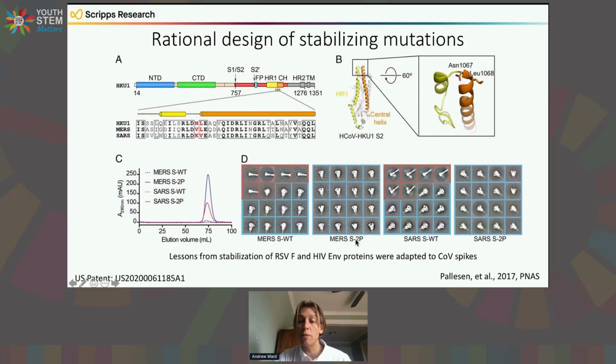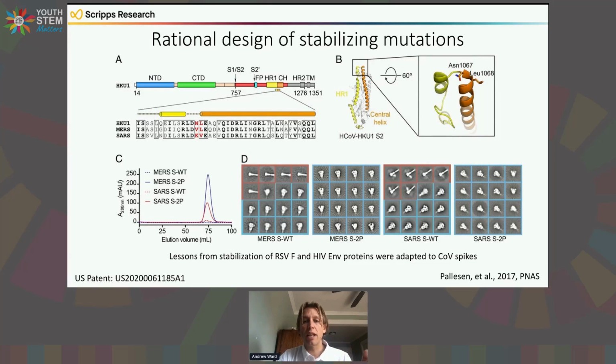And then when we added those 2P mutations, it made the sample very homogeneous. And so we knew we were onto something. And it turned out that these mutations placed in this particular region would have a positive impact on any of the beta coronavirus spikes that we looked at. And so this got published and was on the shelf, ready to go since 2017.